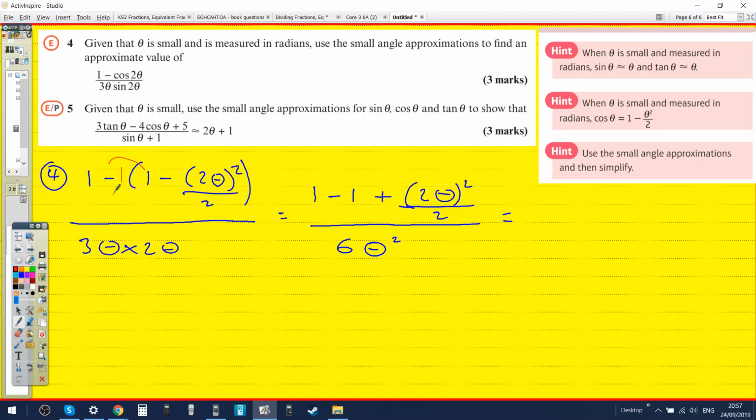So that's all I did. Oh, and then the 1 is still there. Yeah, I'm multiplying by the 1 that's in front.